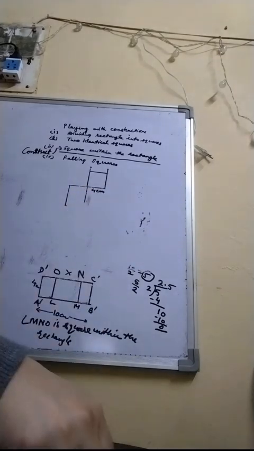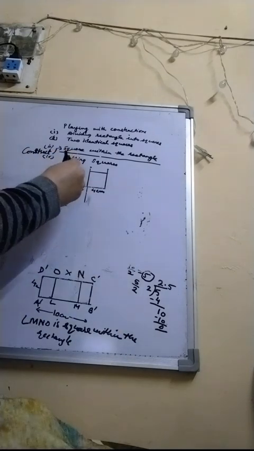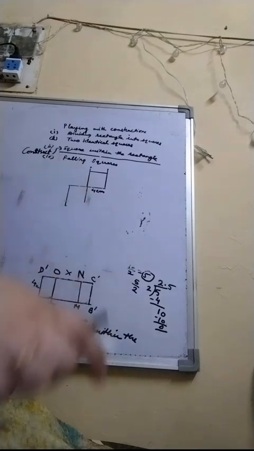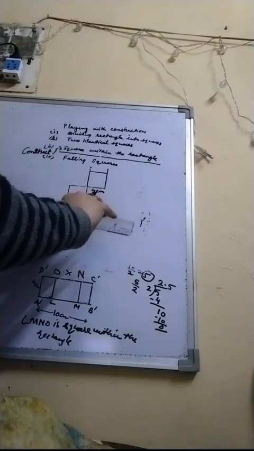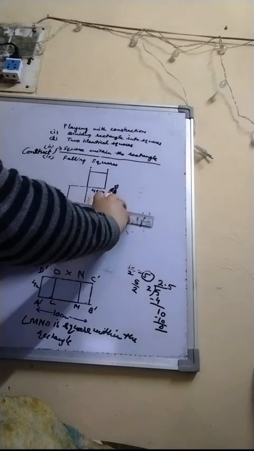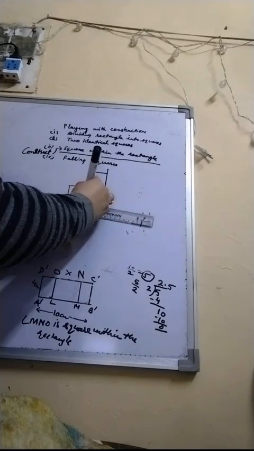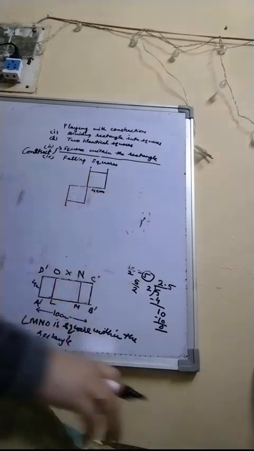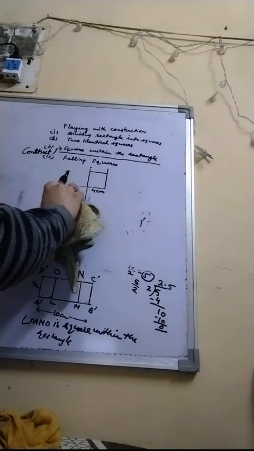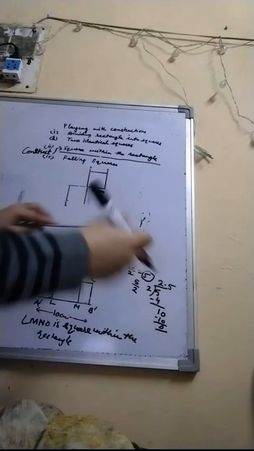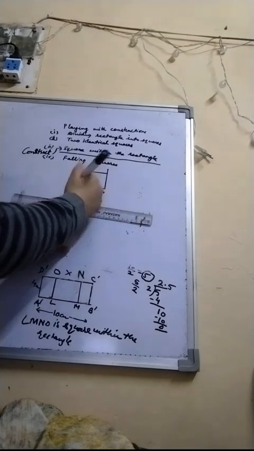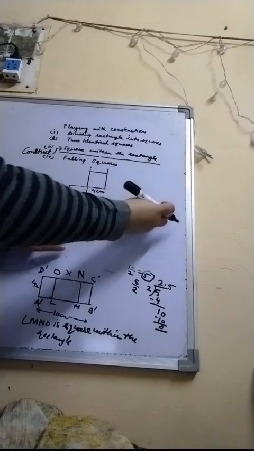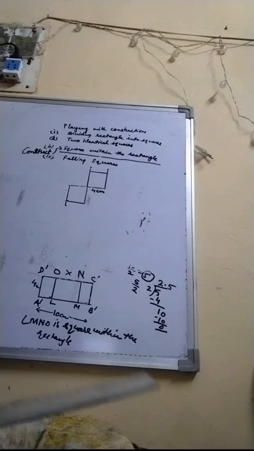So obviously you would cut the arc equal to 4 centimeter from here and join the point here. So this is how you would get a 4 centimeter square. Sorry, this is a bit off. This is 4 centimeter. Okay.